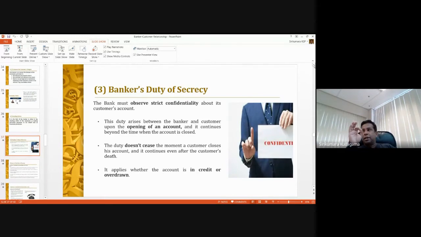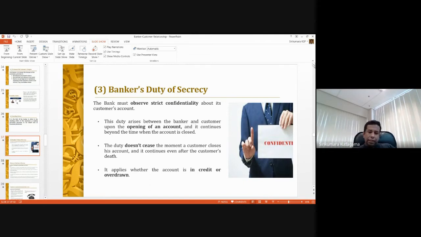That is a very ambitious expectation of the banker, that the banker should protect the secrecy and confidentiality of the information pertaining to the customer. Even if the customer has a positive balance or negative balance, no matter what it is, the bank is duty bound to protect the confidentiality and secrecy of the customer.